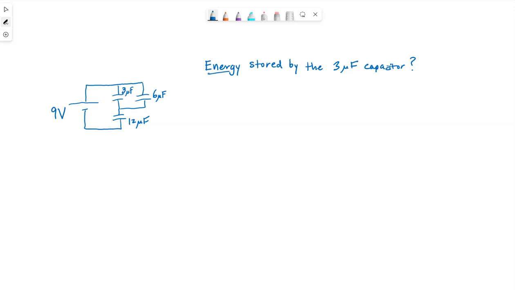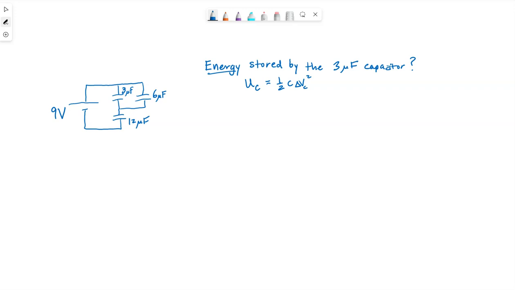So number 1, energy. Our equation for energy stored in a capacitor is the U sub C. One way to write that is in terms of the capacitance of our capacitor and then the potential difference for our capacitor.